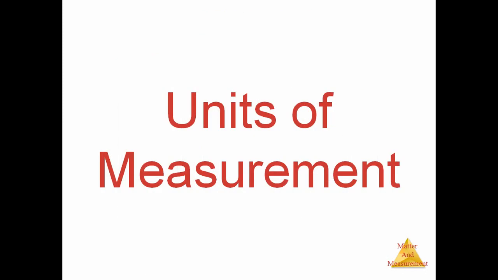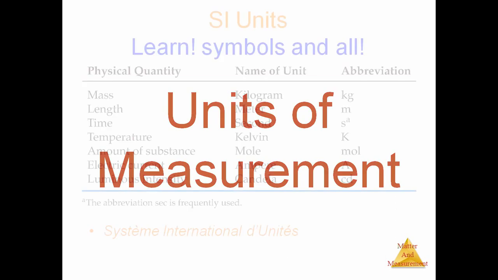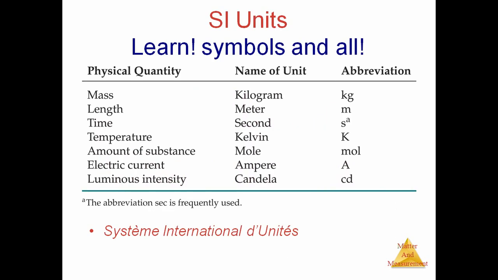So let's go ahead and switch gears here, and let's talk about units of measurement. Now, if you've already been experienced in chemistry, you have some kind of prior knowledge when it comes down to units of measurement. And so this should be kind of a miniature review.